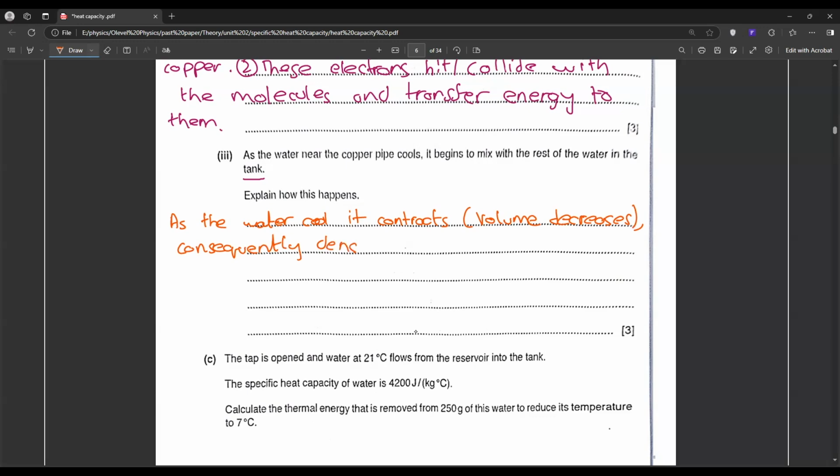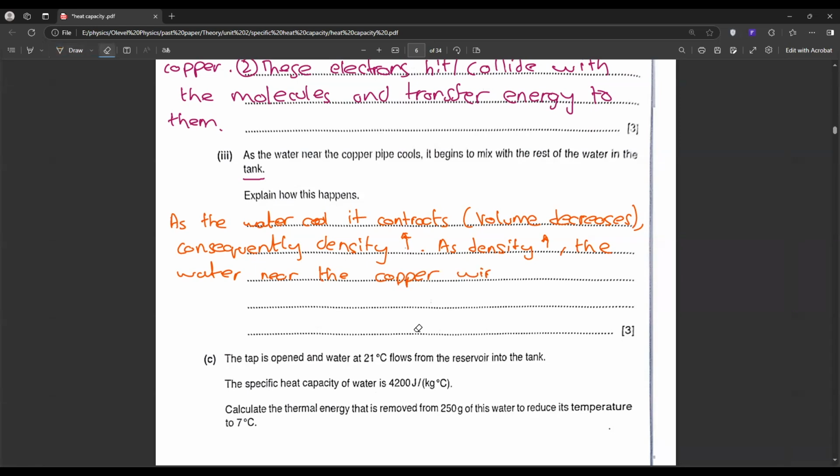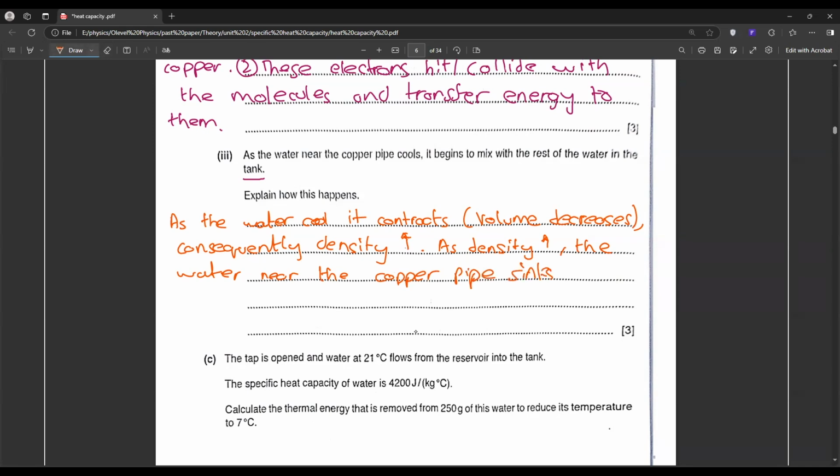And as density increases, what will happen? The water near the copper pipe sinks to the ground.